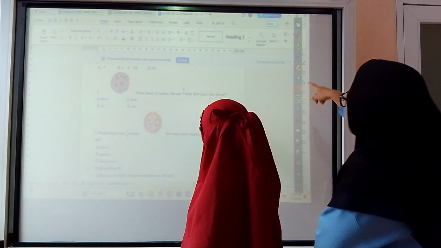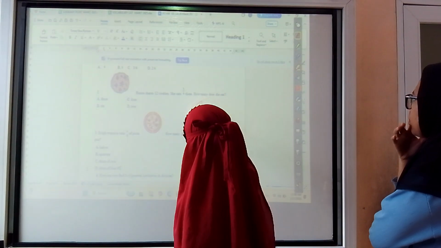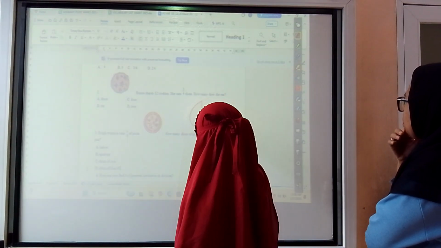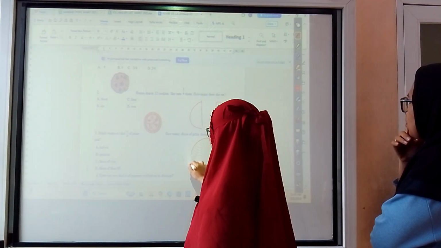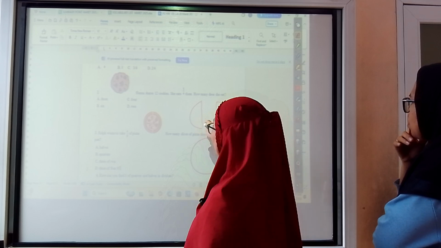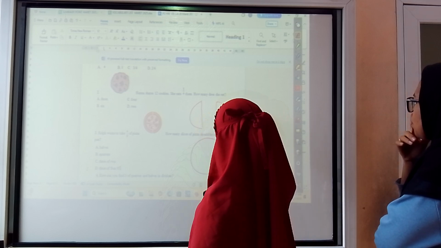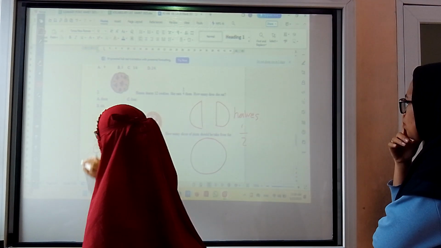If I split it like this, it becomes a half. Before, it was a whole like this, and then I split it into two, and it's called a half. The answer is 1/2. This one is an 8.